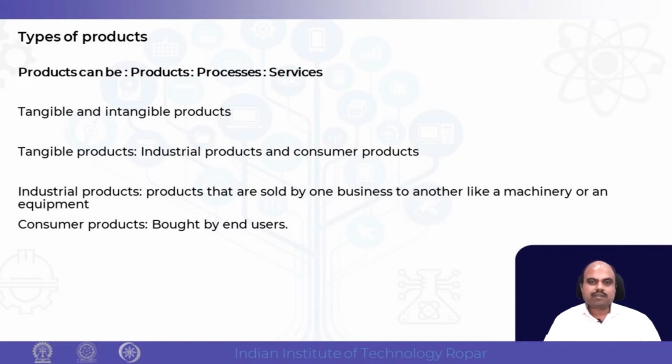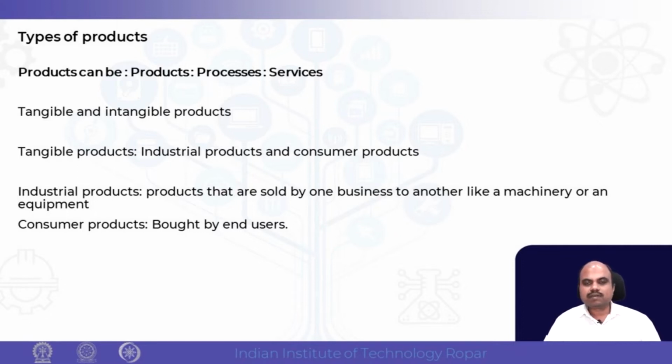Some examples of tangible products can be laptop, mobile phone, chargers, computers, even transformers, bag. There are so many products which are tangible. The second kind of product are intangible products, which we cannot directly touch and feel, but they are important.